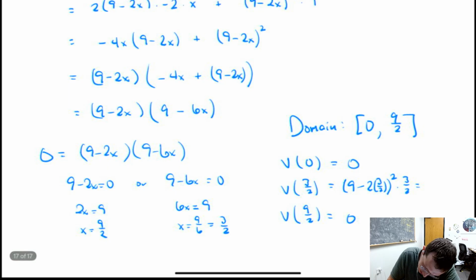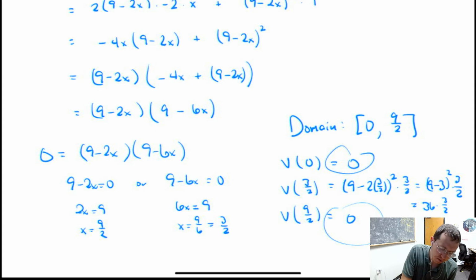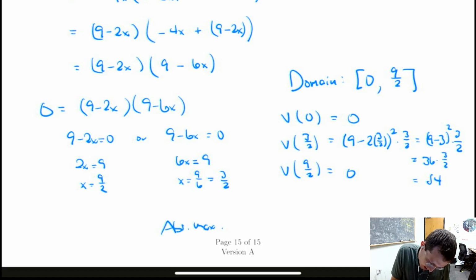So I get 9 minus 3 squared times 3 halves, which is 6 squared, or 36 times 3 halves, which is 54. 54 is the biggest of these 3 numbers, so that is the absolute maximum possible volume.